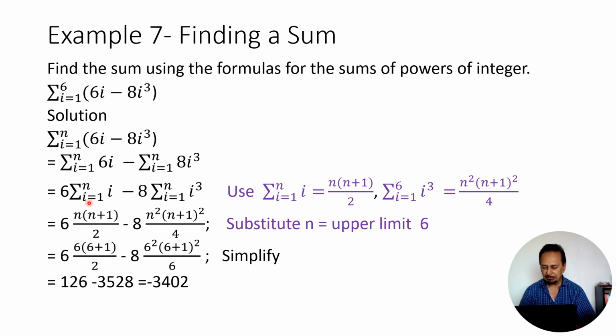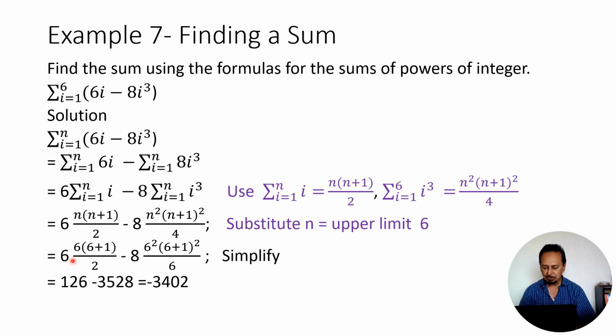So we have 6 times the summation i from 1 to n of i, minus 8 times the summation i from 1 to n of i cubed. Now we use this formula. Summation of i is n times (n plus 1) over 2. Summation of i cubed is n squared times (n plus 1) squared over 4. So we wrote these formulas here, and since the upper limit is 6, we substitute 6 where the n is.